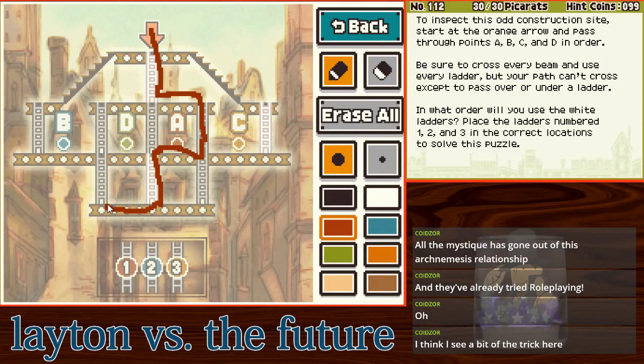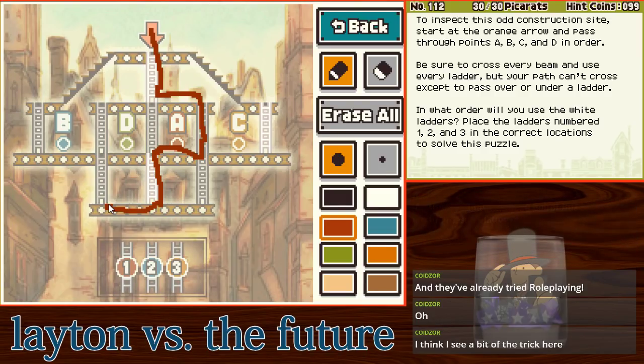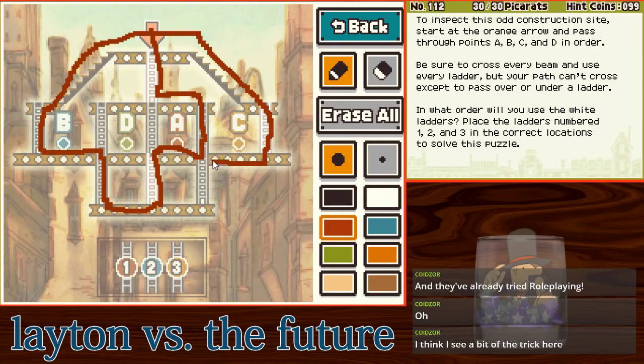But that gives us no way to get to D. We have to use every ladder. Yeah, this doesn't leave us a path. Need to leave a path to D somehow.